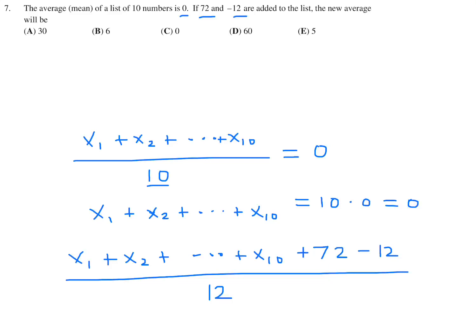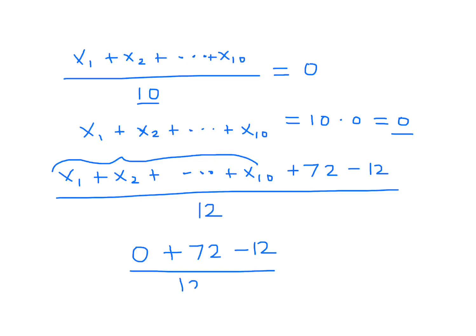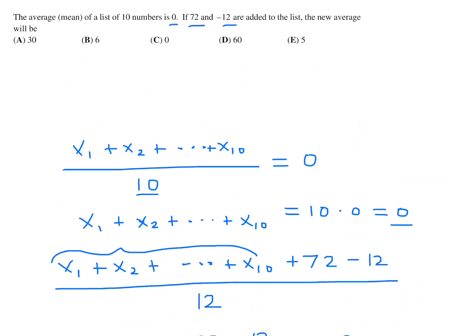You have the original 10 and 2 additional ones. Now, this part here, x1 through x10, we know the sum is 0. So you just put that in there, and then you get 72 minus 12 over 12. And that looks like 60 over 12. And of course, that is equal to 5. So the answer here would be choice E.